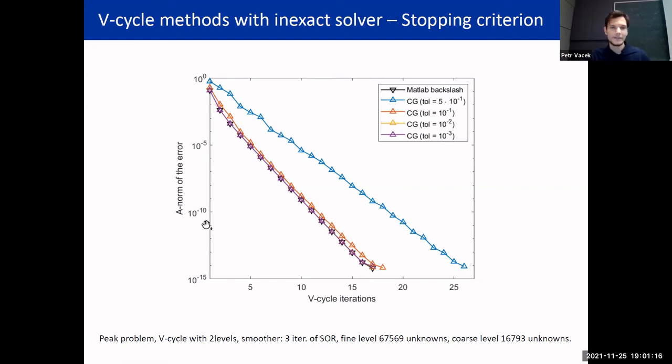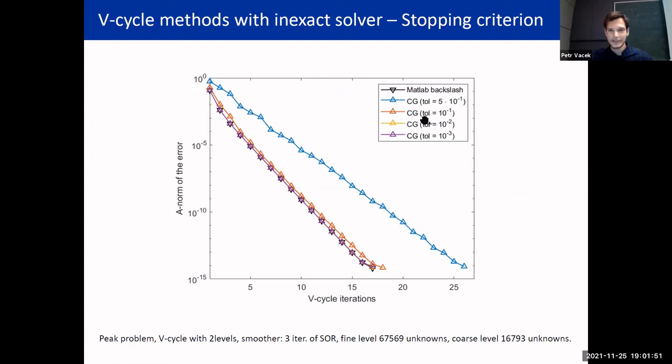So here we see the A norm of the error and how it is decreasing when we apply the V-cycle iterations. The black, yellow, and purple lines are the same line in here. So we see that if we have really high tolerance, then we see a significant slowdown.